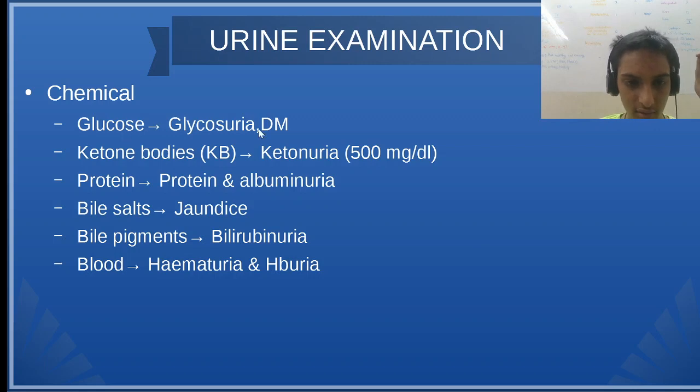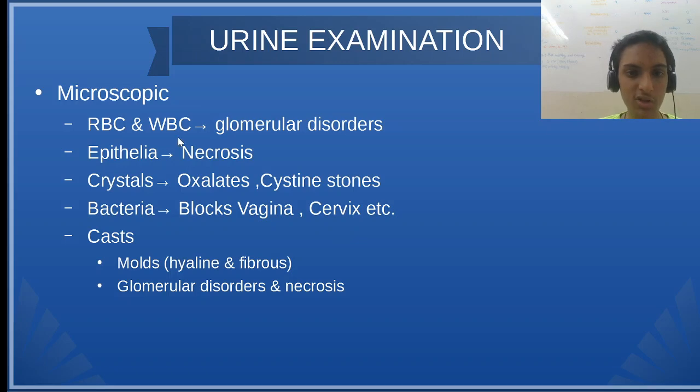And protein, that is protein and albuminuria. For bile salts, jaundice. For bile pigments, bilirubinuria, that is more bilirubin. And blood, hematuria and Hb as in hemoglobin. So hemoglobinuria.